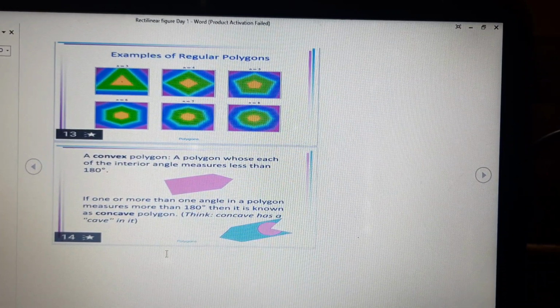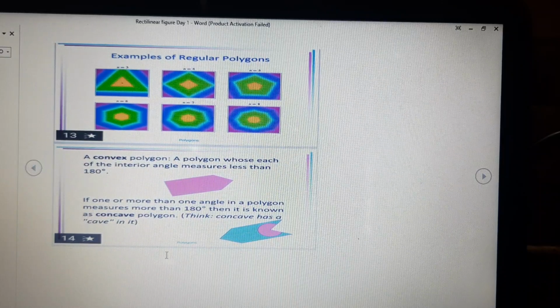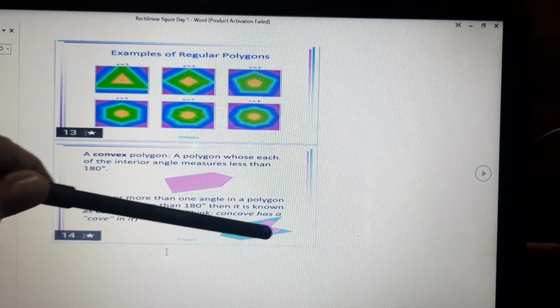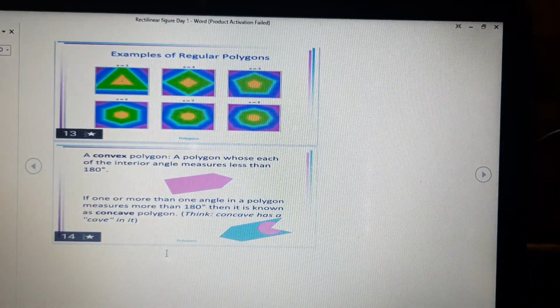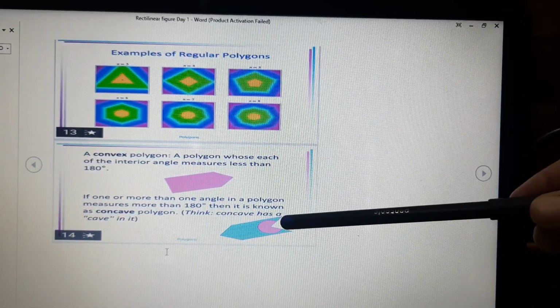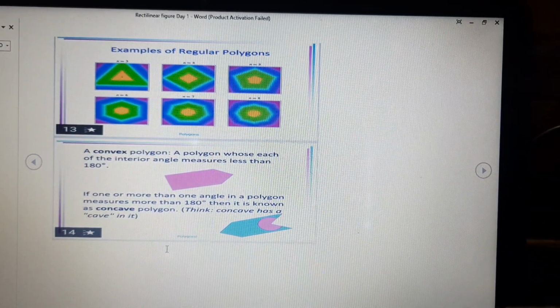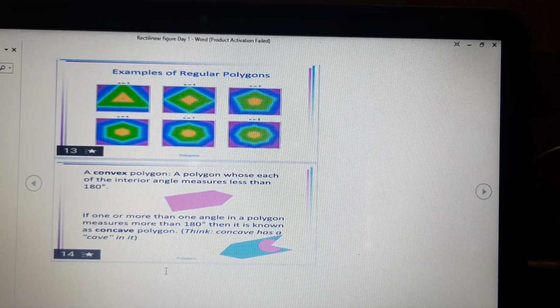So it is known as a concave polygon because a kind of cave is formed here. As you can see, this cave is formed over here, so it is known as a concave polygon.